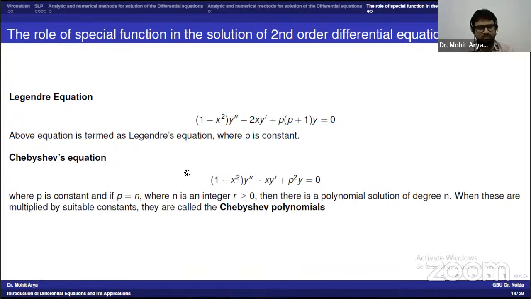An equation of the form (1 minus x square) y double dash minus x y dash plus p square y equals 0 is called the Chebyshev equation, where p is a constant, and if p equals n, where n is an integer greater than or equal to 0, then there is a polynomial solution of degree n. When these are multiplied by a suitable constant, they are called Chebyshev polynomials.